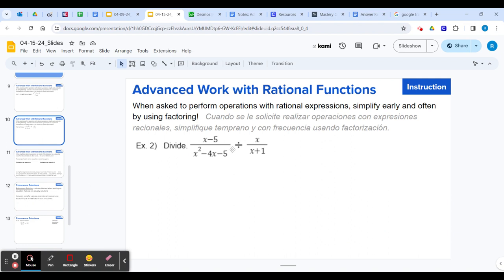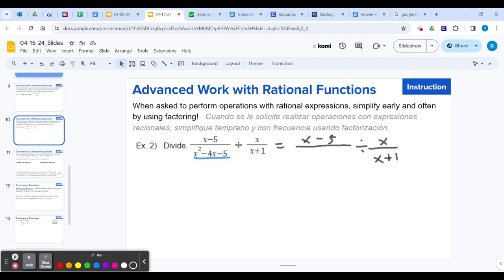So moving on to example 2, this same kind of process can happen when we are dividing. So first thing I'm going to do before I do my keep, change, flip, I'm going to try to factor this as much as I can. And it looks like the only spot that I need to factor is this blue portion right here. So I'm going to quickly rewrite it and go with x minus 5, everything else out divided by x plus 1.